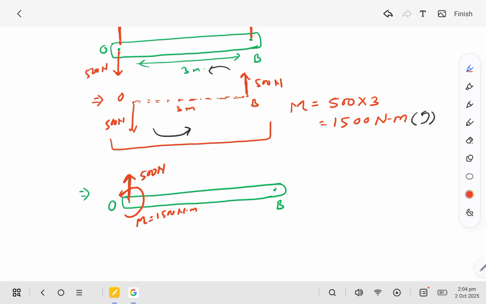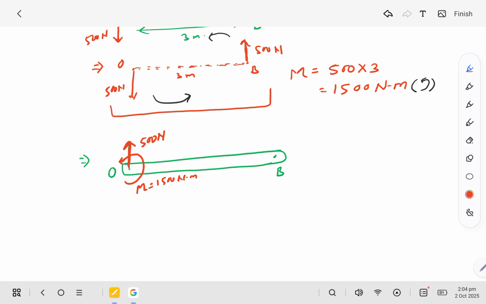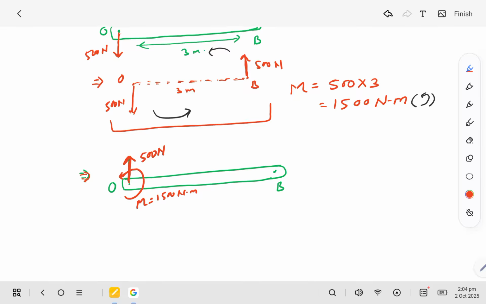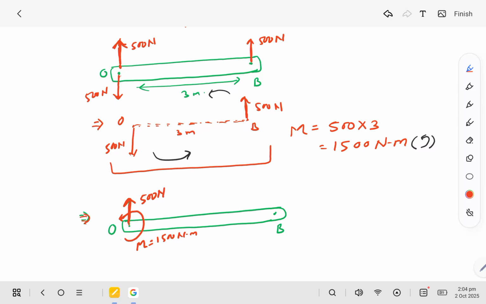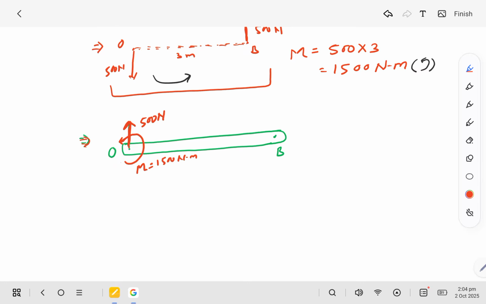The magnitude of the couple is 1500 Newton meter and the direction is anti-clockwise. So the situation will now look similar to what we discussed in theory: one force and one moment of couple acting at point B. So we have already transferred the force from B to point A.